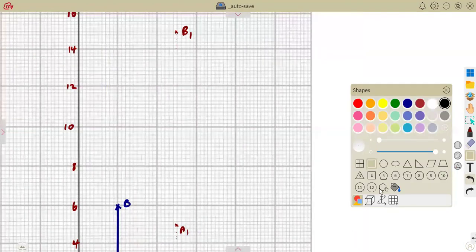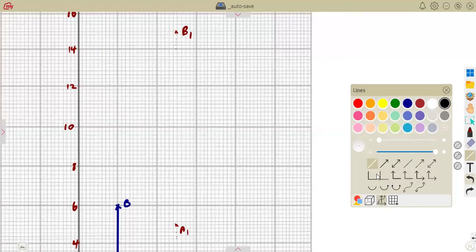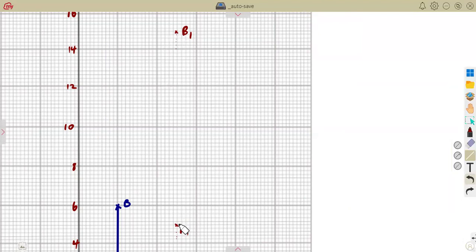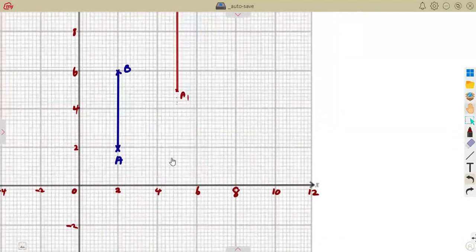Then you can join your points from A1 to B1. The method that you're going to use is up to you.